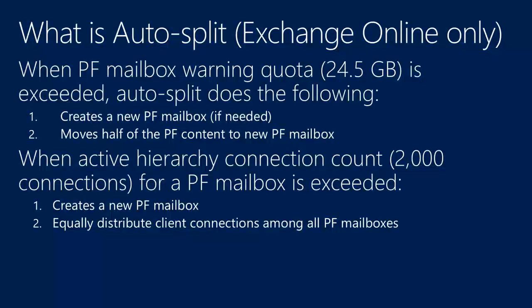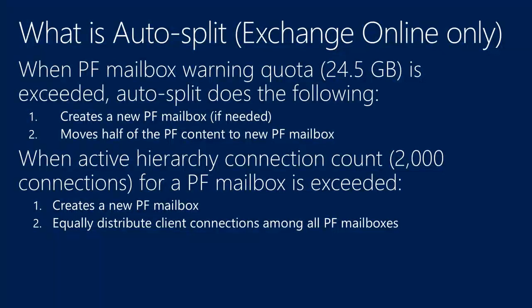There's a second reason where autosplit kicks in. That's basically when one public folder mailbox reaches a threshold limit of 2,000 active hierarchy connections. If you're reading the blog, Brian Day posted something about 200, but that's wrong. It's 2,000 active connections.